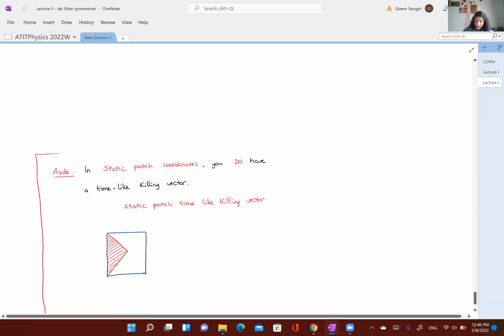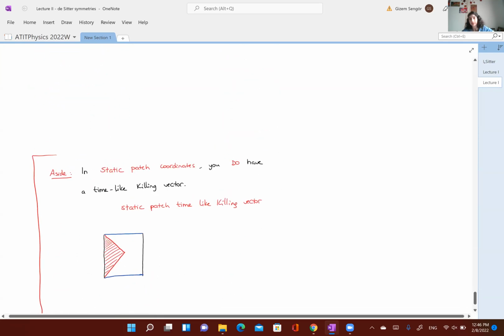Okay, one more aside. There is a set of coordinates. Remember yesterday too, we mentioned that they exist, these coordinates called static patch coordinates. In these coordinates, you do have a time-like Killing vector, but these are coordinates that cover one section. So the emphasis is on finding a global time-like Killing vector.